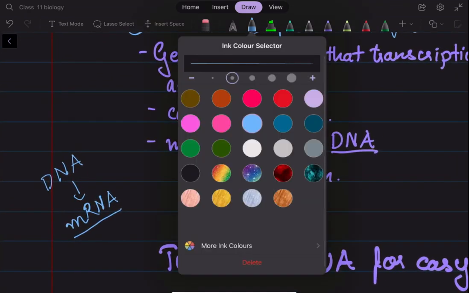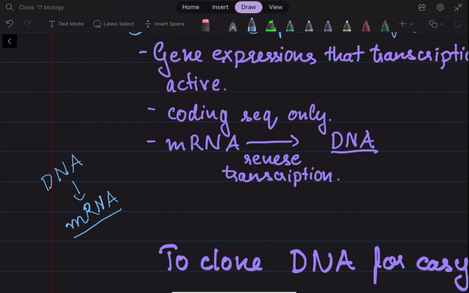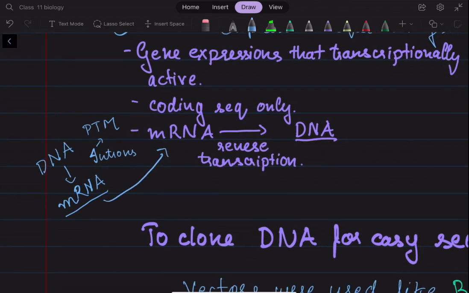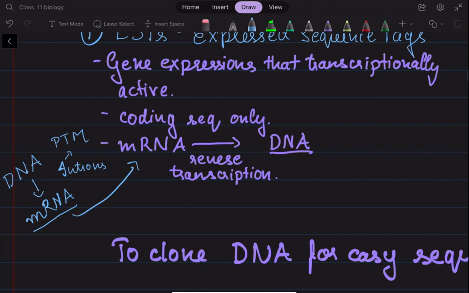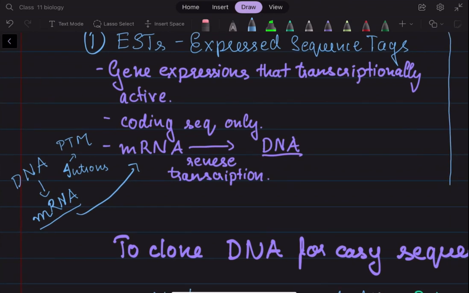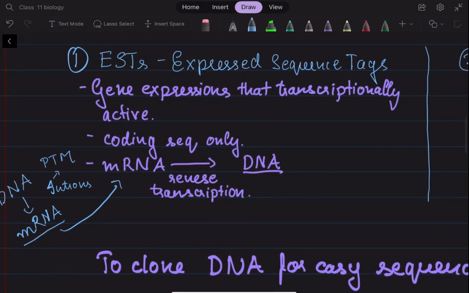The other parts, that is the introns and all, are removed during the post transcription modifications. This mRNA is again converted to DNA by the process of reverse transcription. So in this case now we don't have our introns etc. We only have the DNA that is transcriptionally active, or the exons.